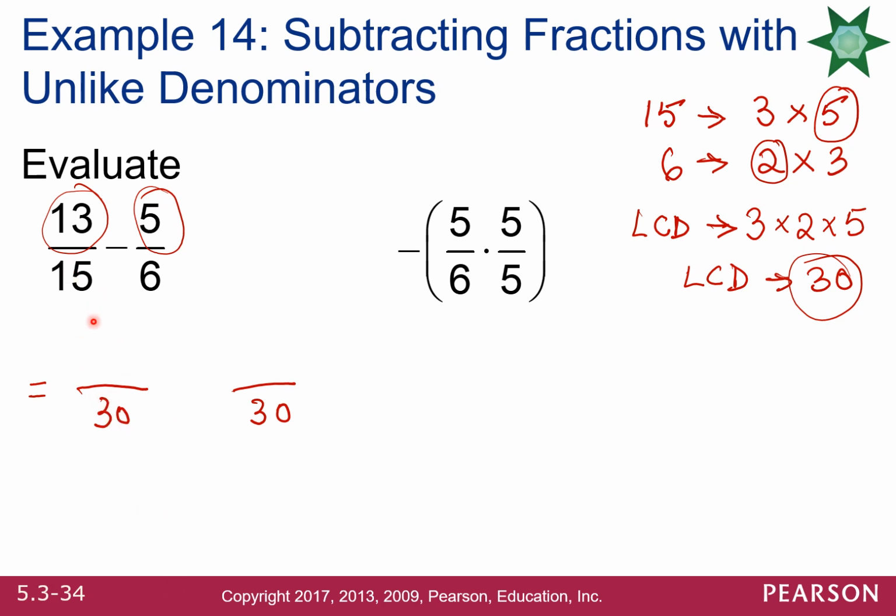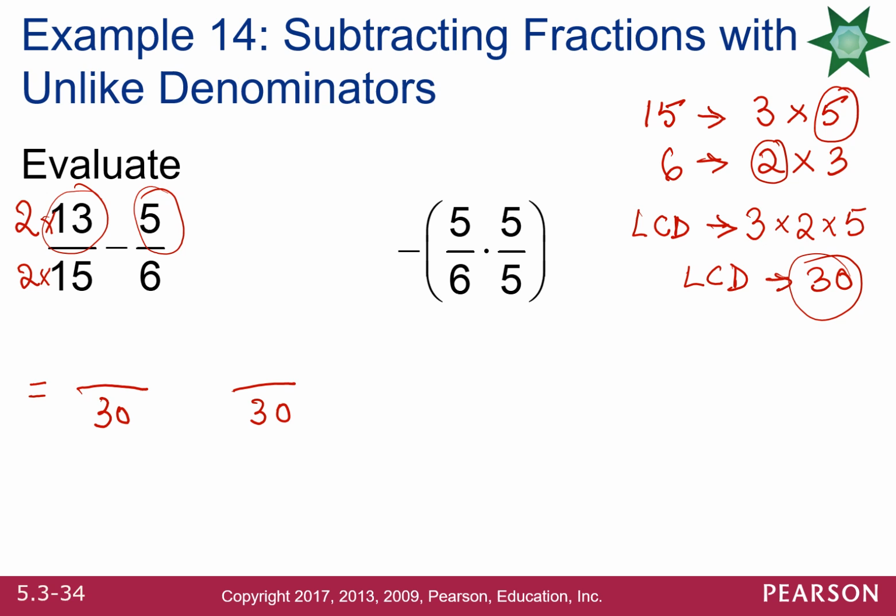Now when you do that, you have to do the same thing to the numerator. You cannot just multiply the denominator by 2 and not touch the numerator. So both the numerator as well as the denominator have to be multiplied by 2 to make it an equivalent fraction to the original one.